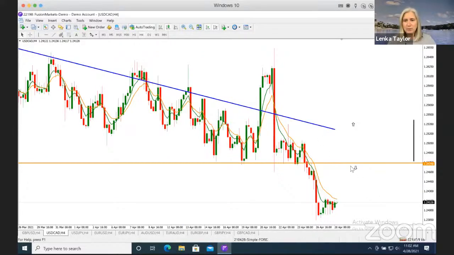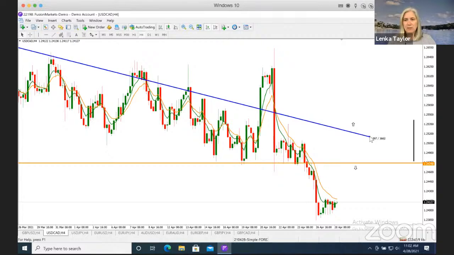So really, I'm looking for a short if the price comes back to that support line and gives a good strong signal that it's going to be reversing. Otherwise, I will wait until the price goes a little bit above the trend line here, and then retest, and then looking for long if that happens. Just seeing what happens around that support line. Will it become resistance or not? That is the question.